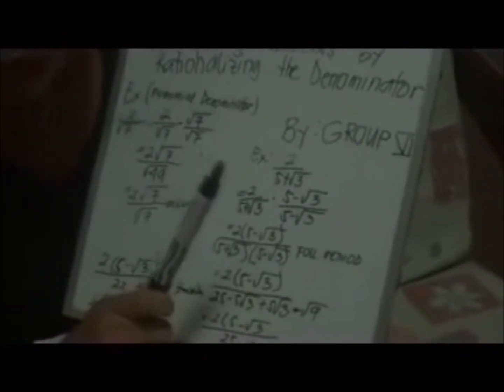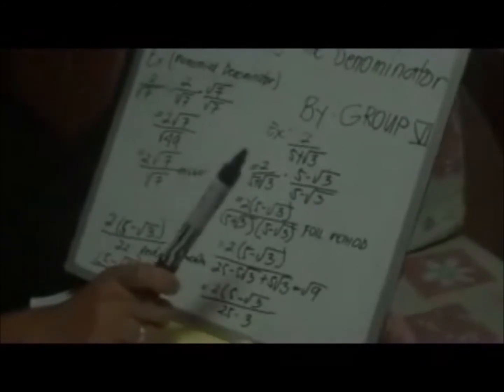Tapos, ang gagamitin po natin is, dito po pala, in multiplying the numerator and denominator by the conjugate of the denominator, 5 minus square root of 3, notice that you are multiplying by 1, which does not change the original expression.